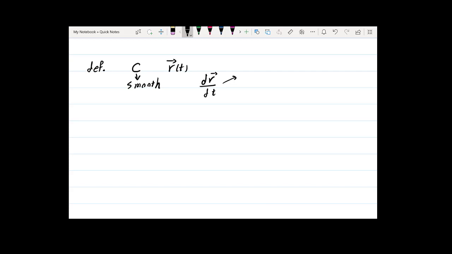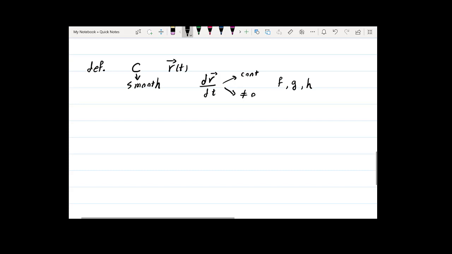So the derivative of r should be continuous and never zero. That is, f of t, g of t, and h of t should have continuous first derivatives and are never zero together.